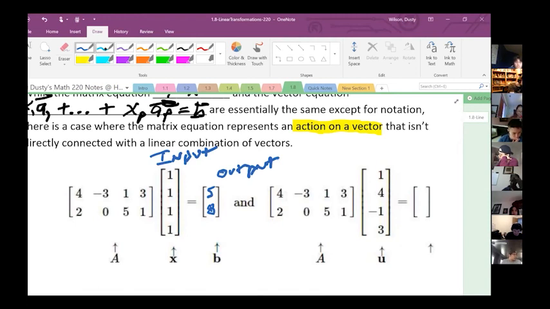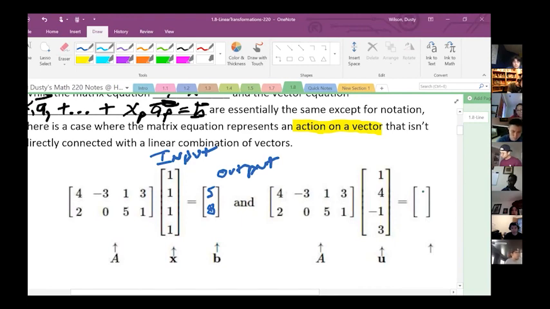Or if we looked at the other, in the second example where we have AU equals maybe V, let's see, so you'd have 4 times 1 minus 12 minus 1 plus 9, so 4 minus 8, 9.